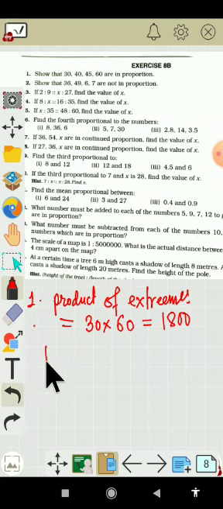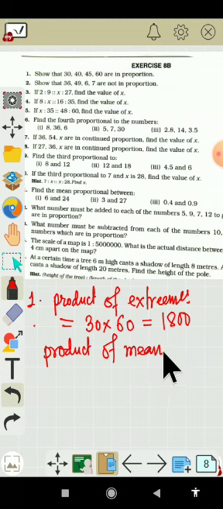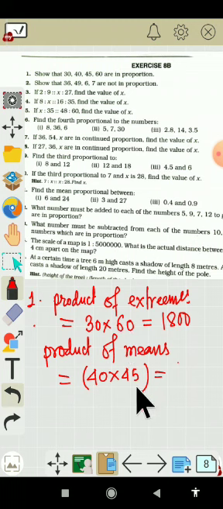And similarly the product of means, that means 40 into 45, that also gives us 1800.